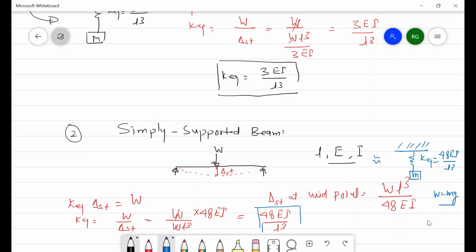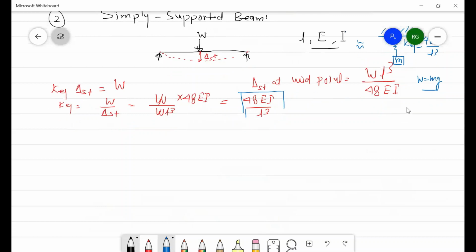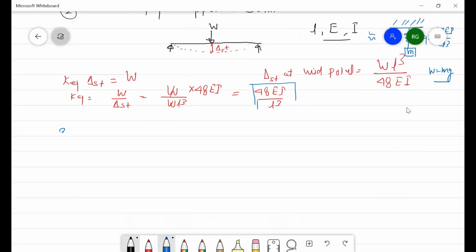Now we'll consider the fixed beam. So the third is the fixed or clamped beam.